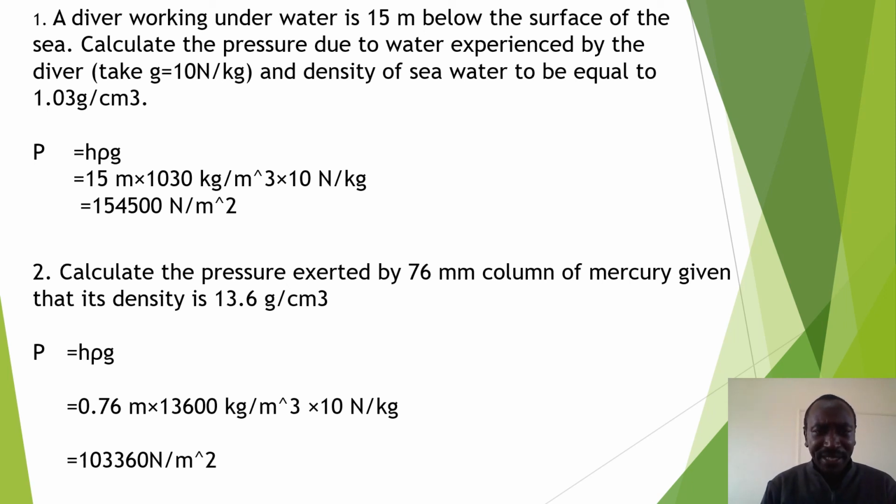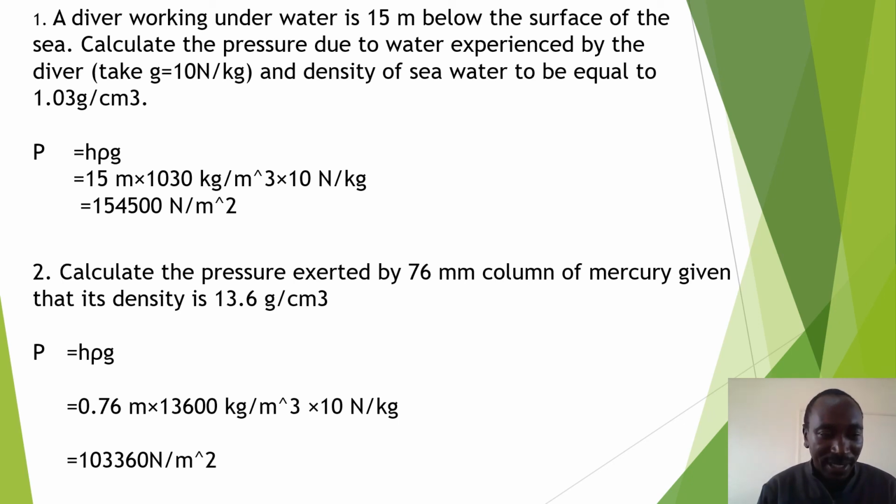Therefore, pressure is equal to H multiplied by density multiplied by gravitational field strength, or H rho G, and therefore it is 0.076 meters multiplied by 13.6 grams per cubic centimeters converted to kilograms per cubic meters by multiplying by 1000. Therefore you get 13600 kilograms per cubic meter multiplied by 10 newtons per kilogram.